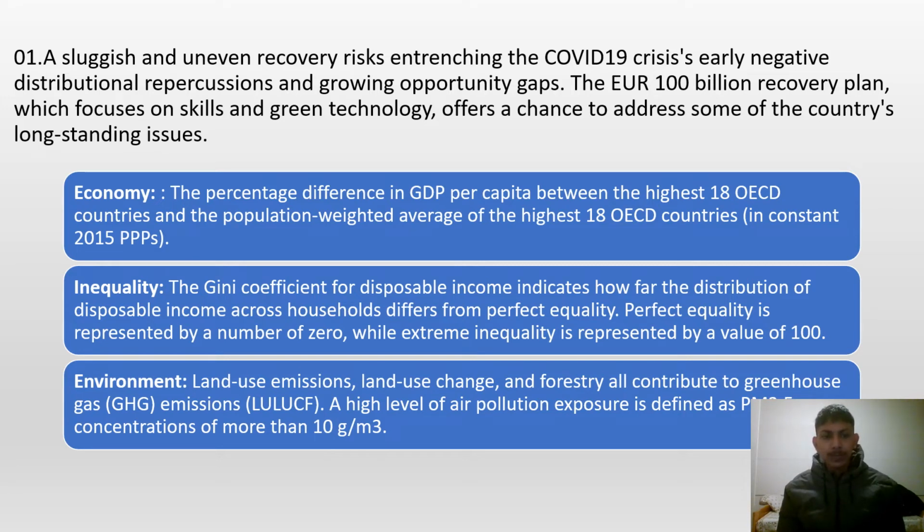The Gini coefficient for disposable income indicates how the distribution of disposable income across households differs from perfect equality. Perfect equality is represented by a value of zero, while extreme inequality is represented by a value of 100.